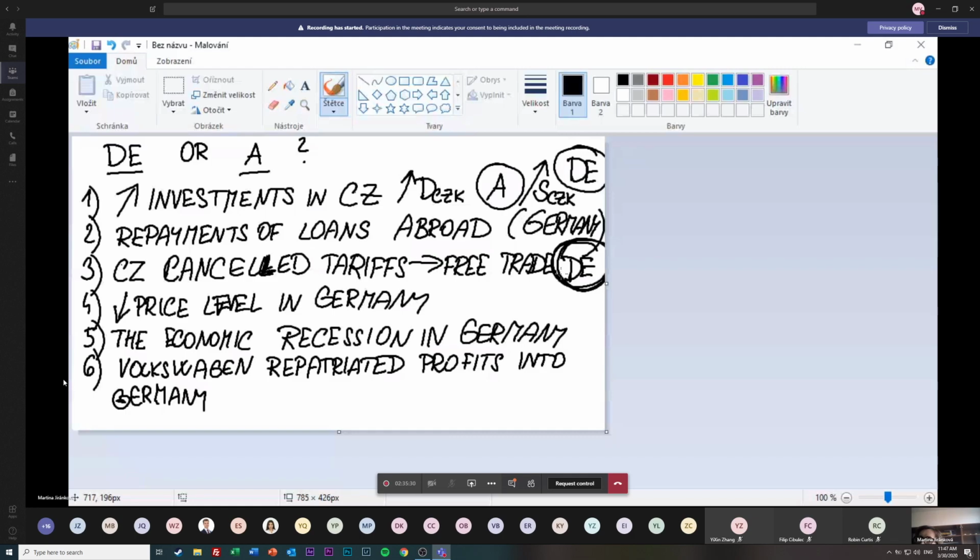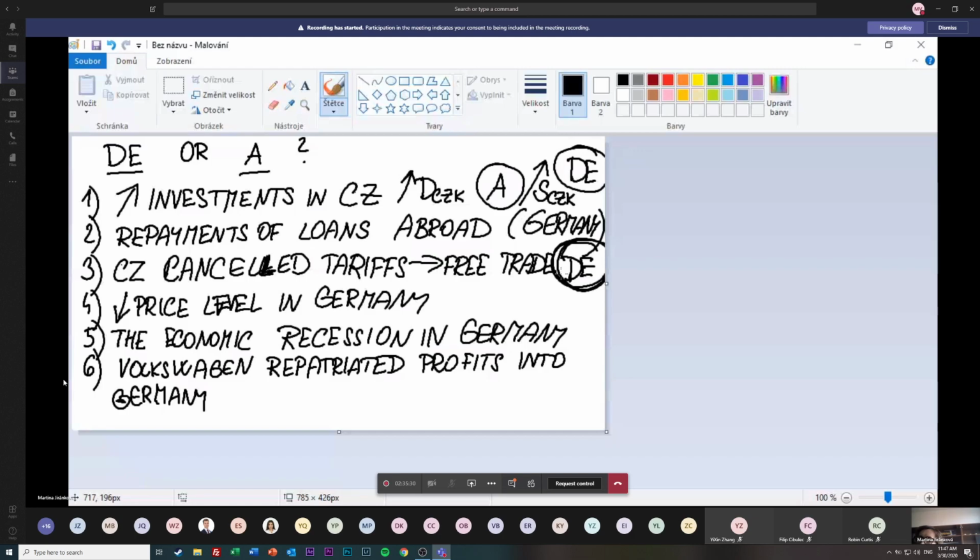And the last possibility, 6, Volkswagen repatriated profits into Germany. So Volkswagen has the factory here, Škoda Volkswagen, and it has some profit there, and it wants to move money from here to Germany, back home. What does it mean?